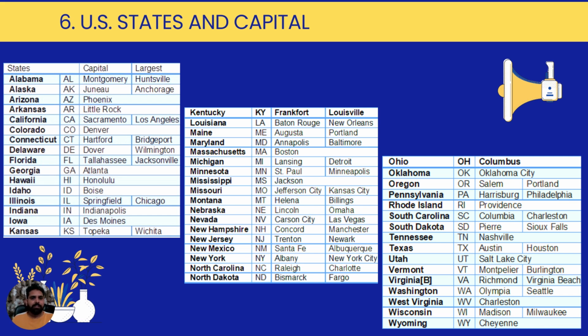Same as I have mentioned for Missouri, Jefferson City is the capital and Kansas City is the largest city. In Texas, Austin is the capital, Houston is the largest city. So you can go through this particular chart and you will get an idea about the capitals of these states as well as the largest city.